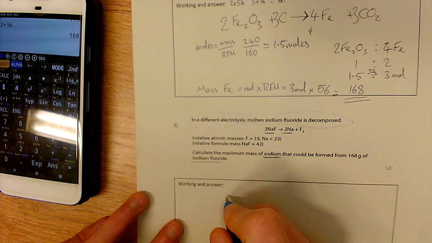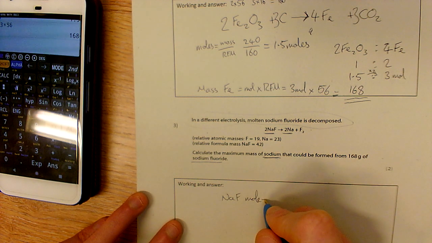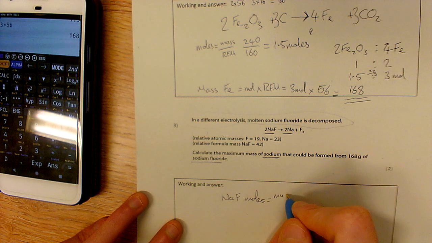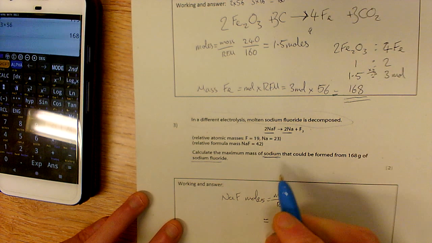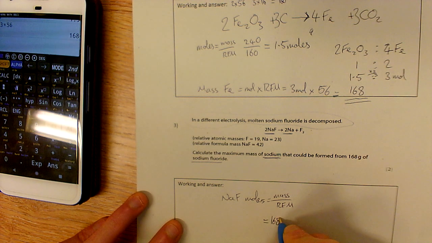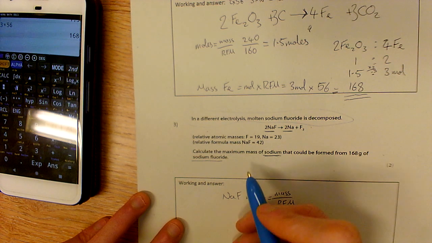So I need to work out my moles of sodium fluoride. Moles is mass divided by RFM, which is 168 grams divided by 23 plus 19.